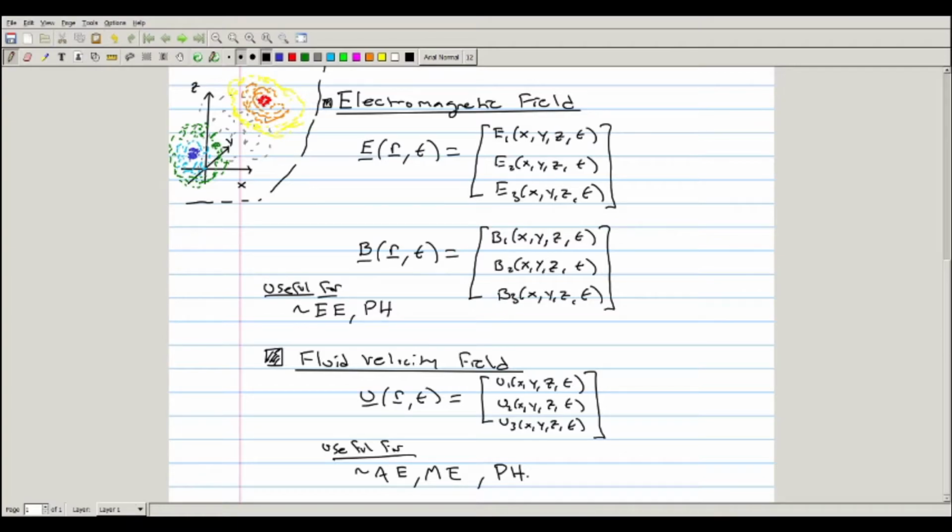But the idea here is that both of these examples, the electromagnetic field and the fluid velocity field, are examples of vector fields, not of scalar fields.